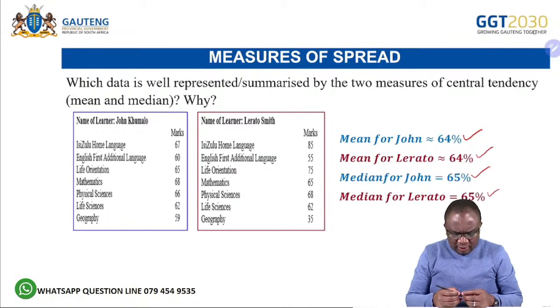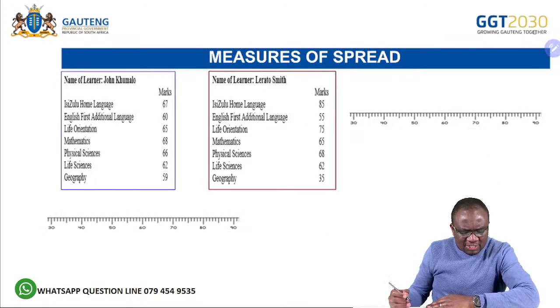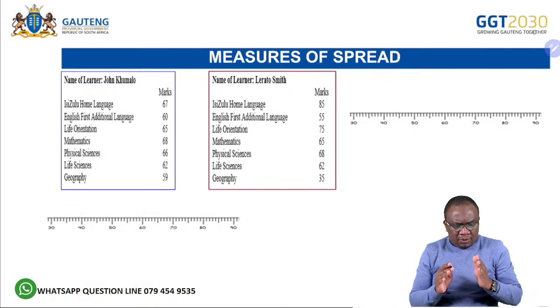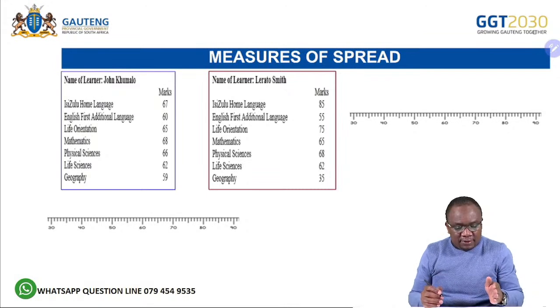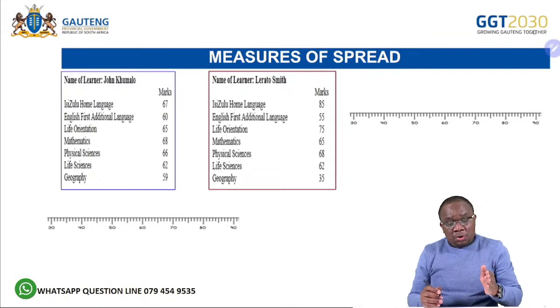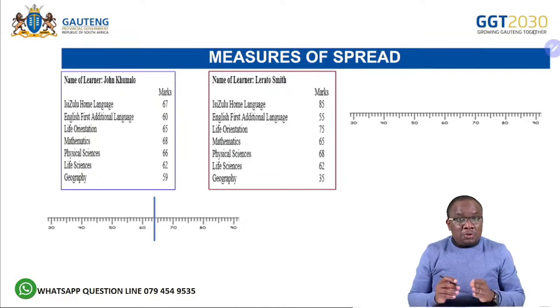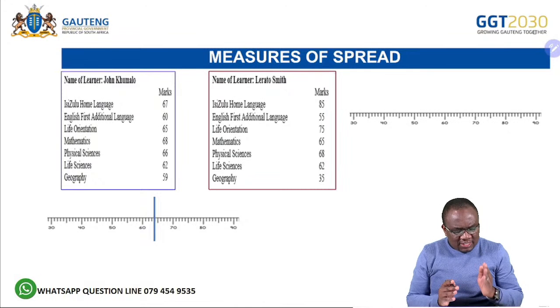Okay, right. So now let's look at the marks for John. I just want to have this picture. This is the mean for John, which was 64%. Let's check the lowest mark.